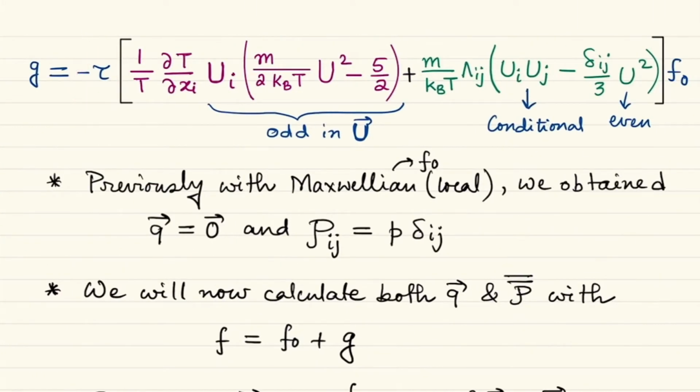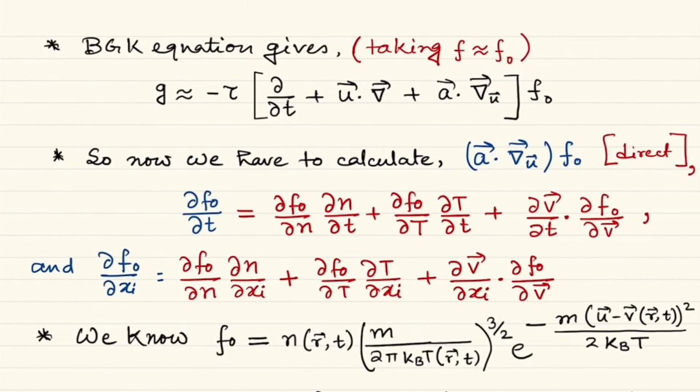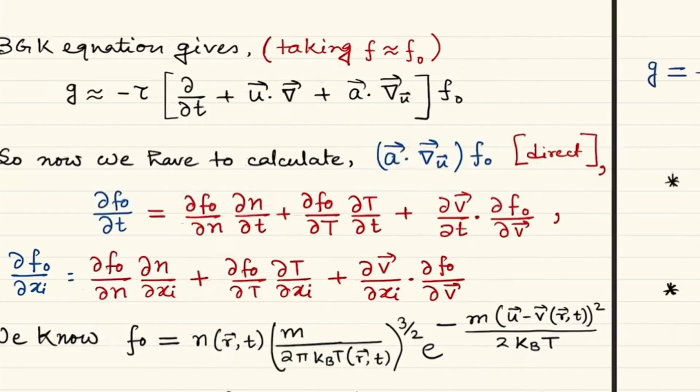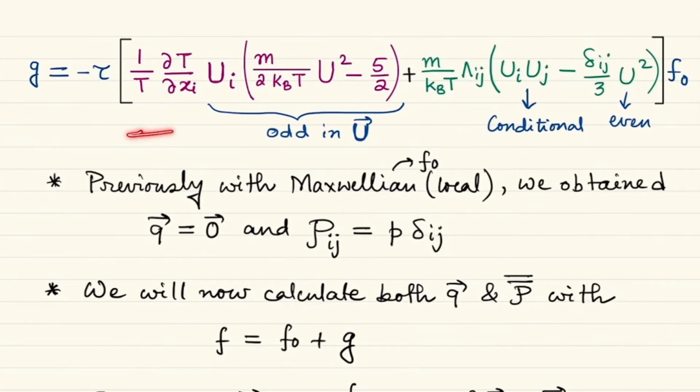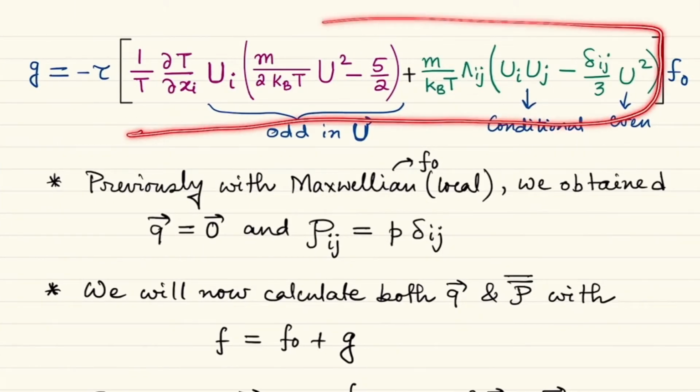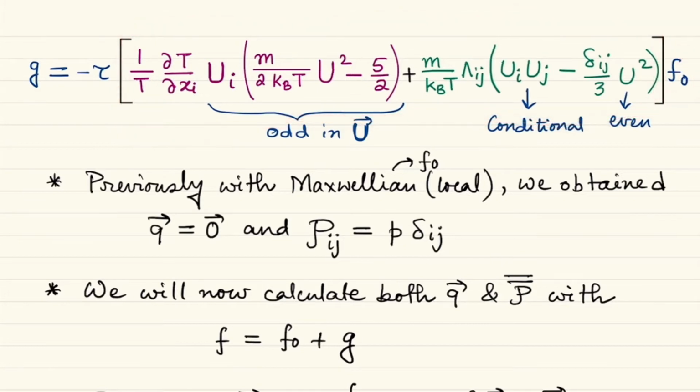So inside the bracket there are several things: del f0 del t, u dot nabla f0, a dot nabla u f0, all these things give us finally a factor times f0. So this whole thing is proportional to f0 as well. This is also proportional to tau.